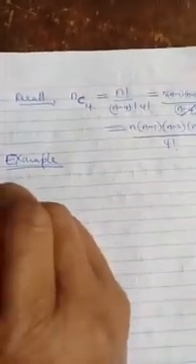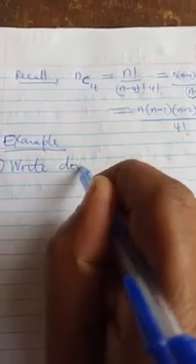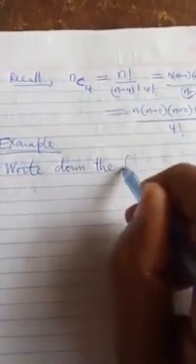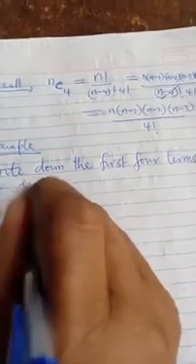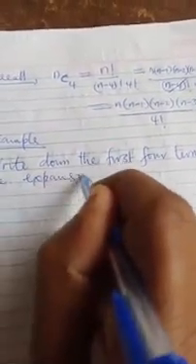So our first example is, we are asked to write down the first 4 terms of the expansion of 1 plus x to the power 10.